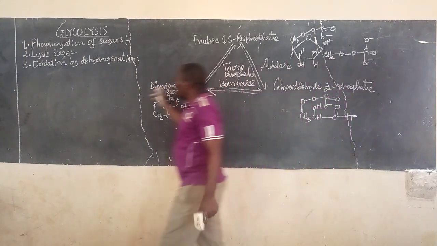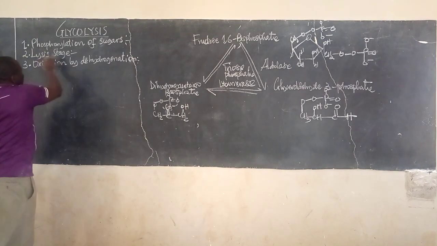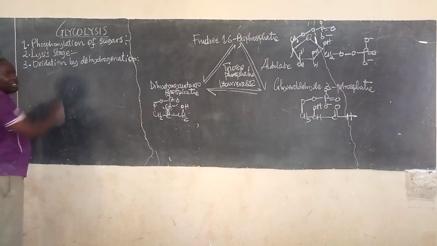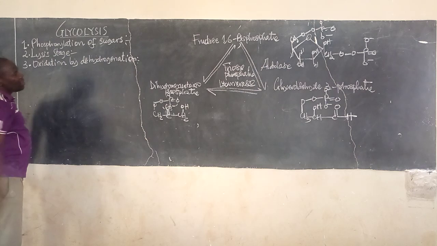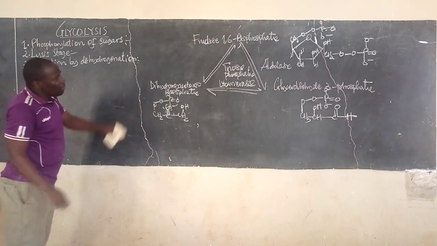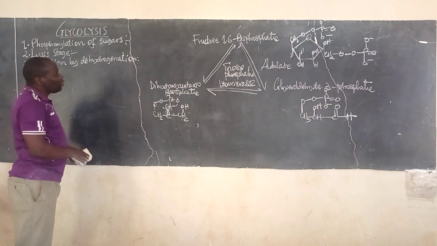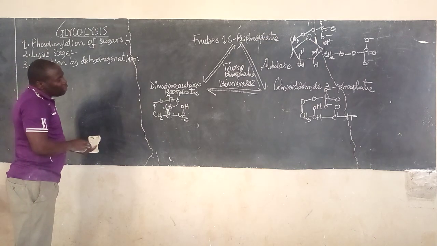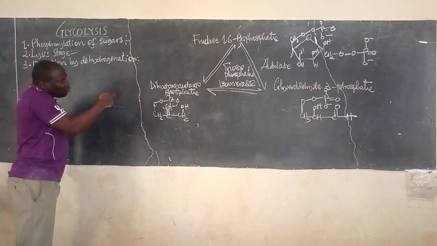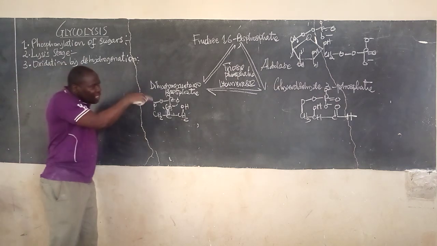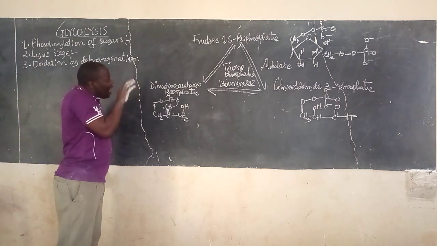So this is the second stage of glycolysis, known as the lytic stage, in which fructose 1,6-bisphosphate is broken down into two equal 3 carbon sugars, dihydroxyacetone phosphate and glyceraldehyde 3-phosphate.